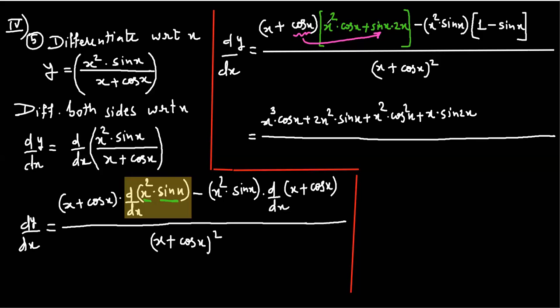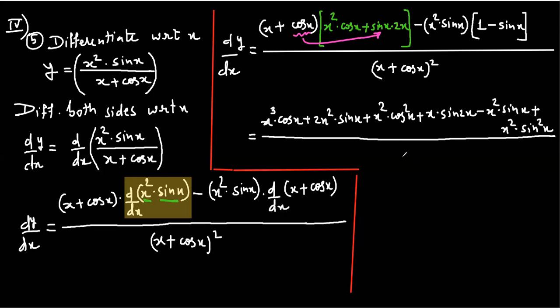Now you know 2 sin x cos x is sin 2x. So x into sin 2x you get here. Then you have to multiply this. So you multiply x square sin x with 1. So you get negative x square sin x. And then you have negative here. So it will become positive, and x square sin square x.